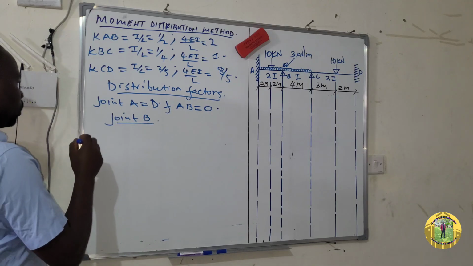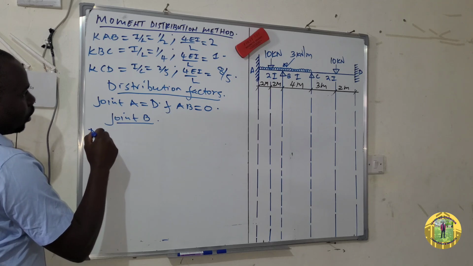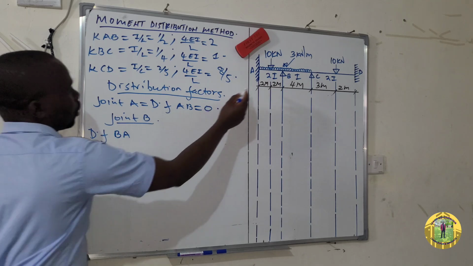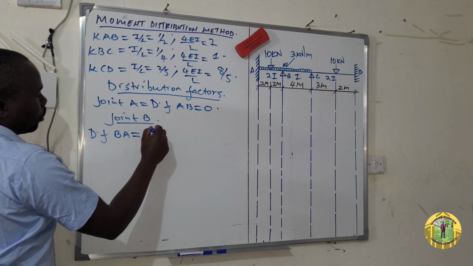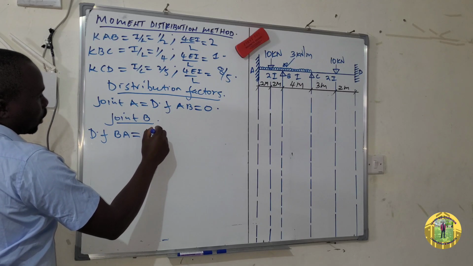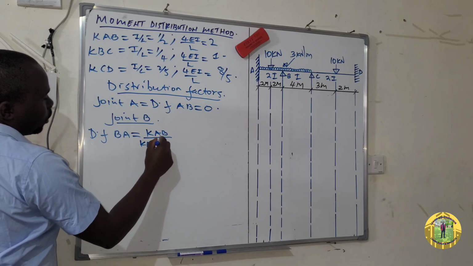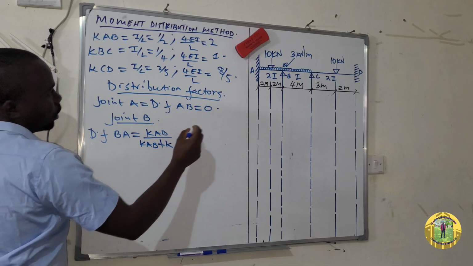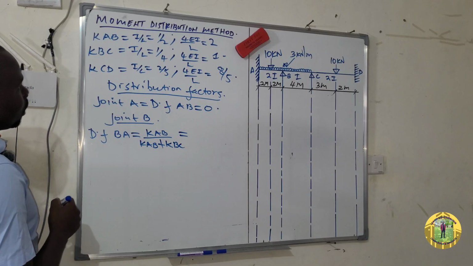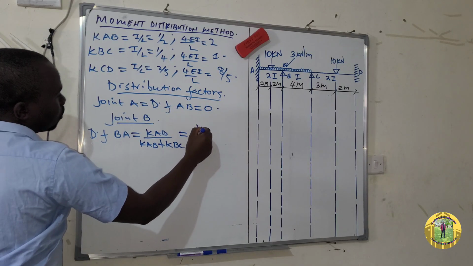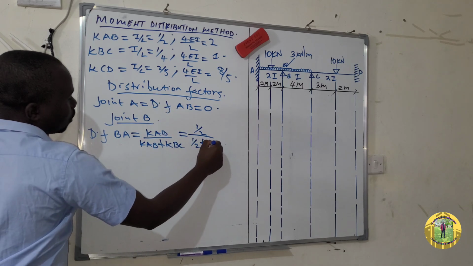So for joint B, we have distribution factor BA, which will be given by this formula: KBA or KAB all over KAB plus KBC. So if we use I over L, it will be a half all over a half plus a quarter.